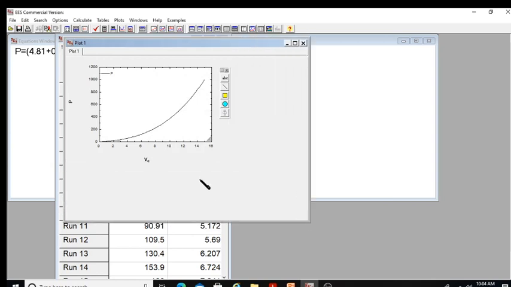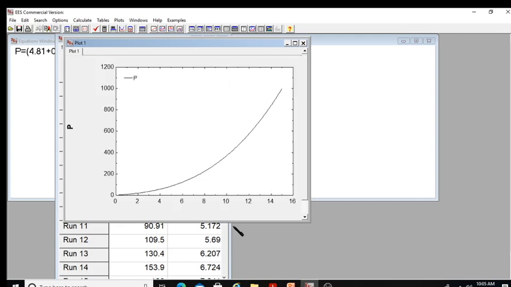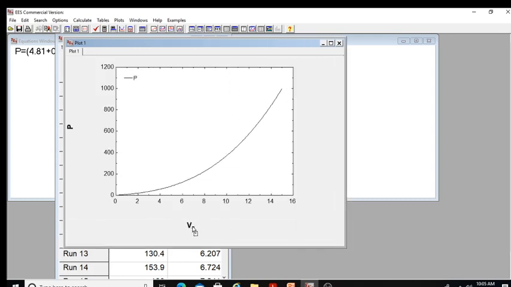I can see how the cyclist speed, which is on the horizontal axis, and the power requirement to drive the cycle at that speed vary. We can see that at 300 watts the speed is 9.12 meters per second.